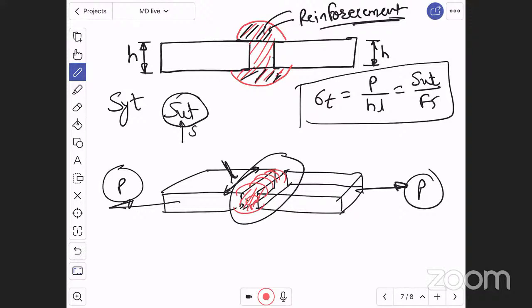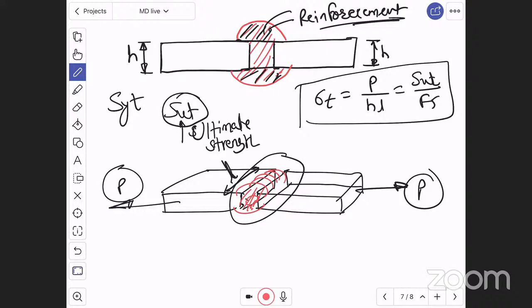In the very first topic of strength of material, the stress strain diagram, you will learn this concept. Therefore, here SUT is considered for the welded portion because after welding, it becomes brittle.